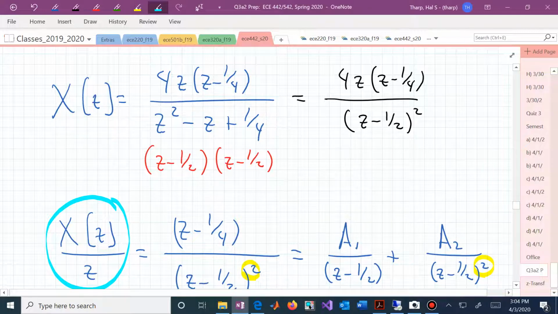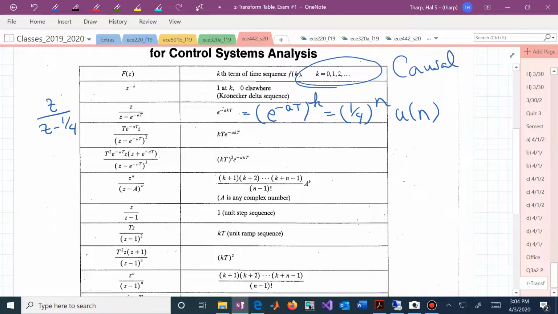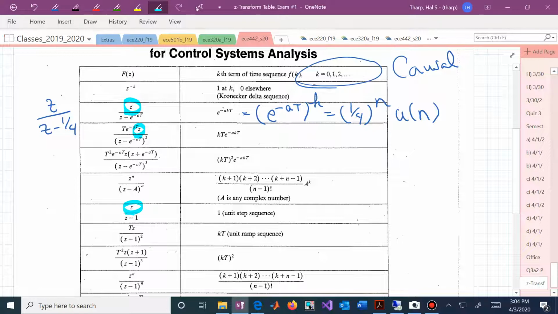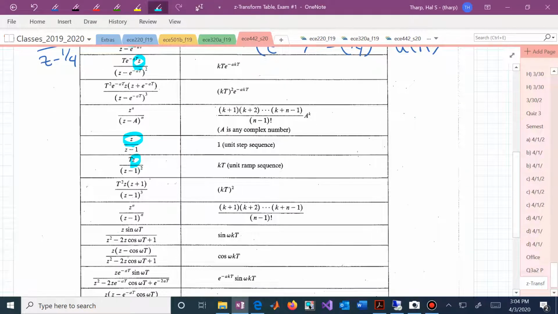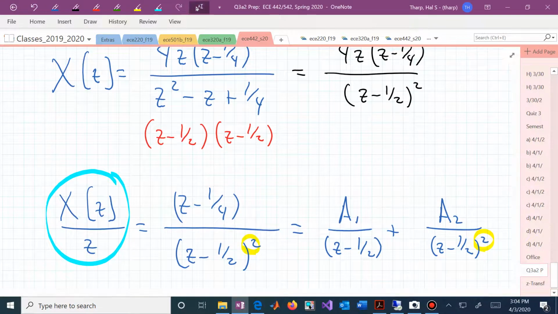That's what's typically there in our transform tables. We always seem to have this z in the transform expression, and that's why we force it to be there by partial fraction expanding X of z over z.